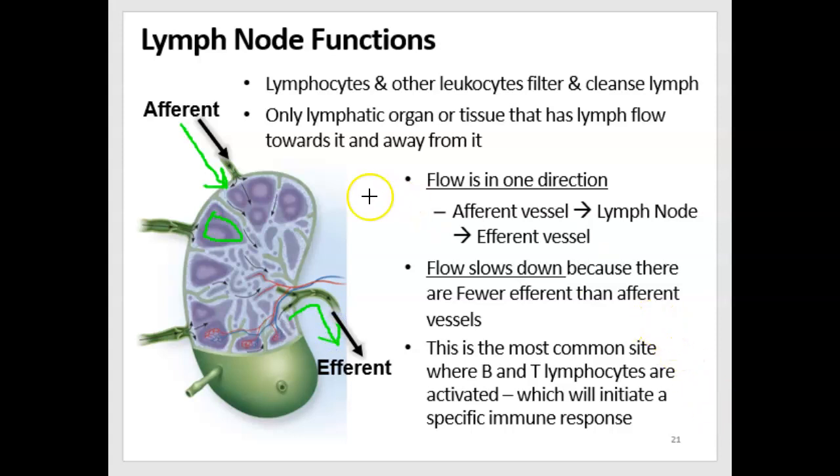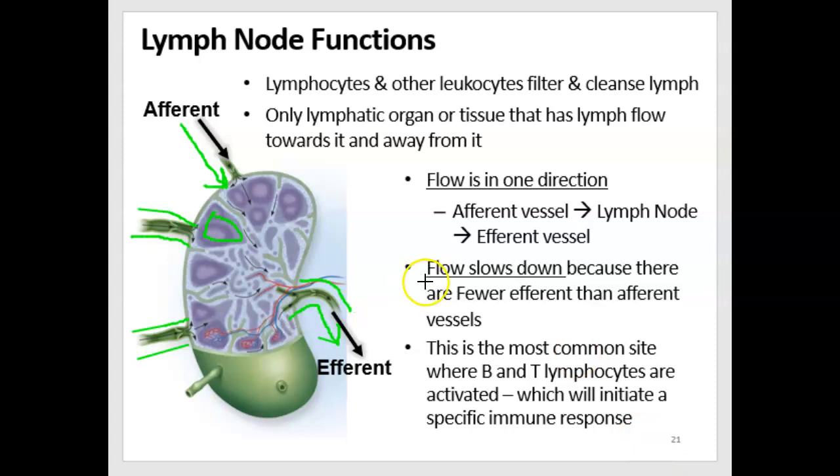The advantages of the anatomy are not just that the leukocytes are present, but notice that there are many afferent vessels coming into the lymph node, but there's just this one efferent.